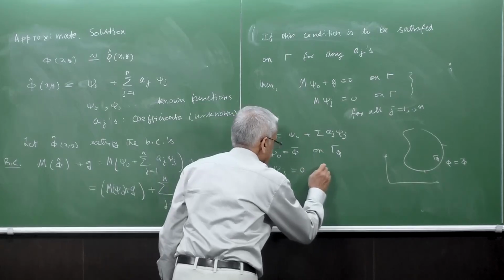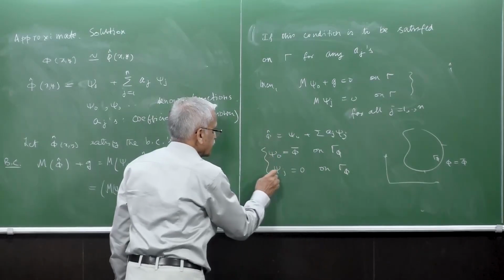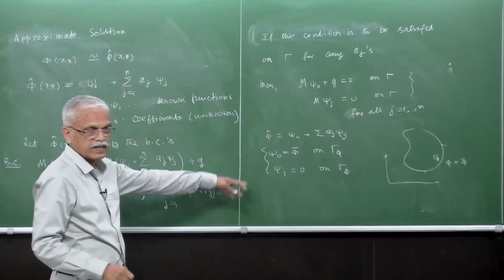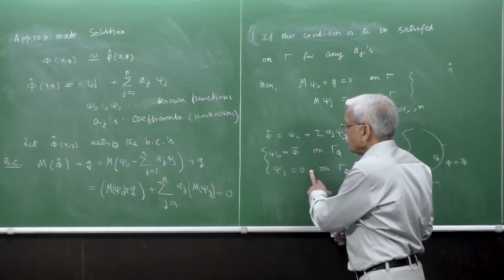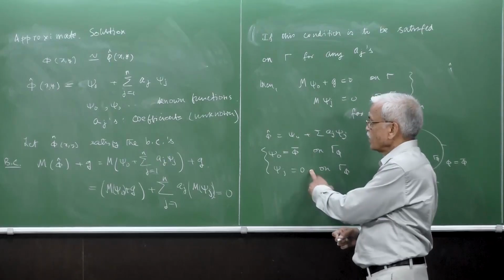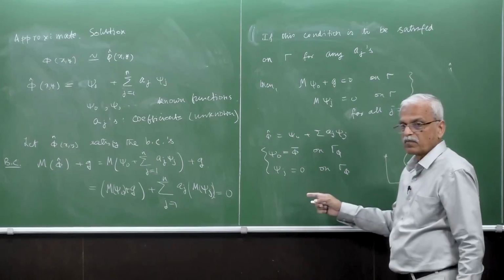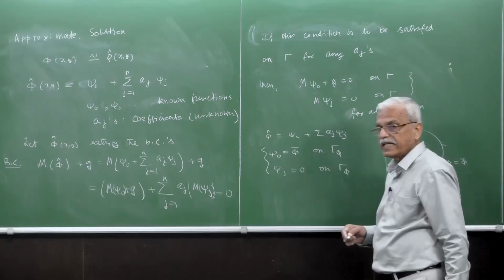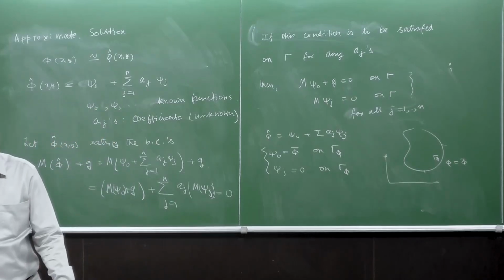Psi j has to be 0 on gamma phi. This looks a little peculiar, but you will appreciate that by assuming these things in this manner, phi hat is going to satisfy the boundary conditions for any set of these coefficients aj's. That is the important part.